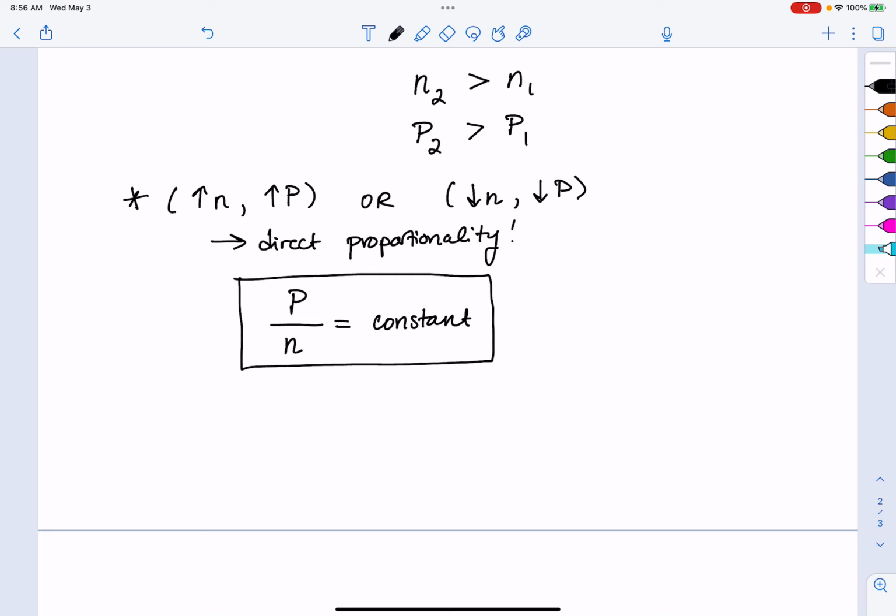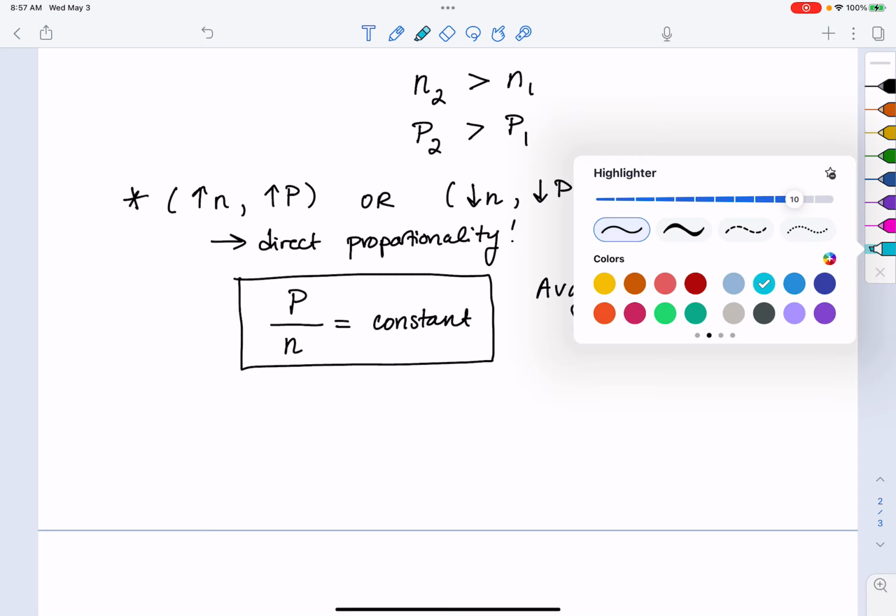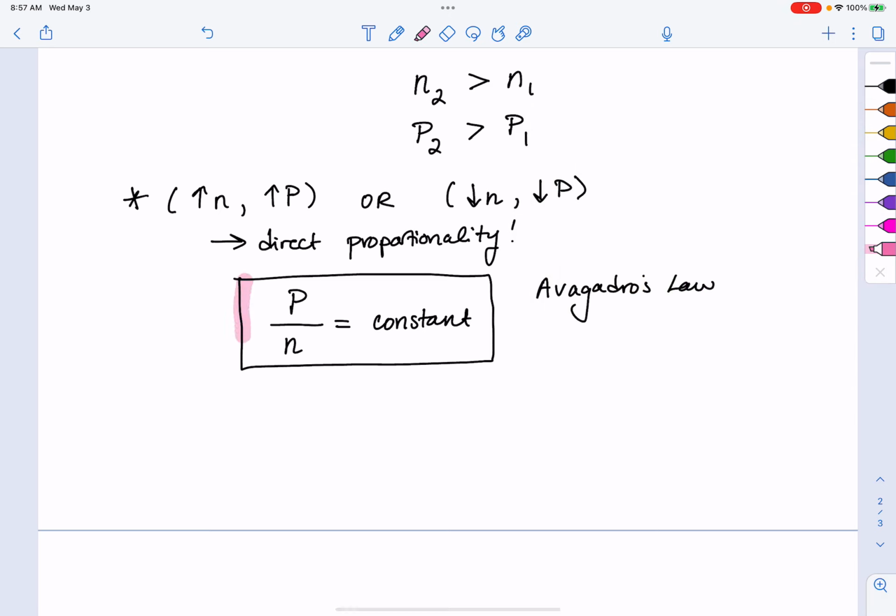All right, again, congrats, just from kind of common sense, we have derived something called Avogadro's law, which relates the quantity of gas to the pressure of that gaseous system.